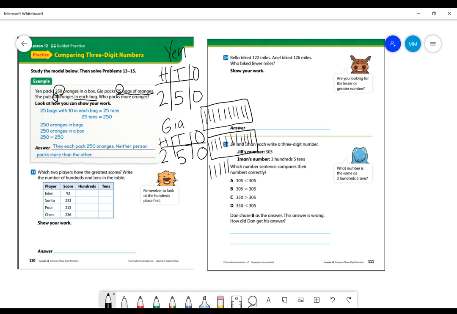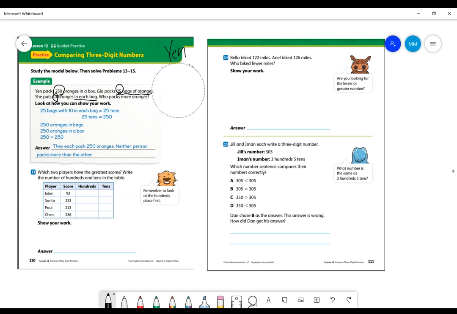No. So who packed more oranges, Gia or Yen? 250 oranges in bags, 250 oranges in a box. They each packed 250 oranges. Neither person packed more than the other. So we would say Yen packed the same as Gia.